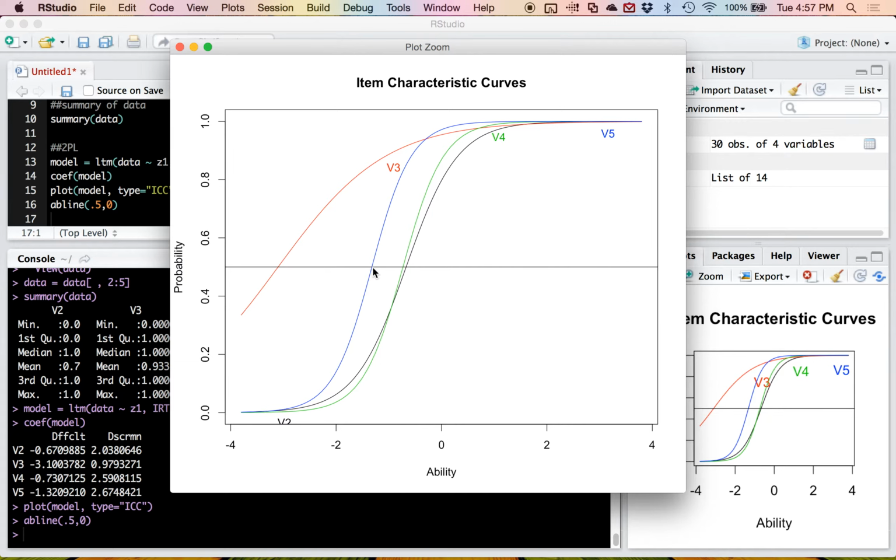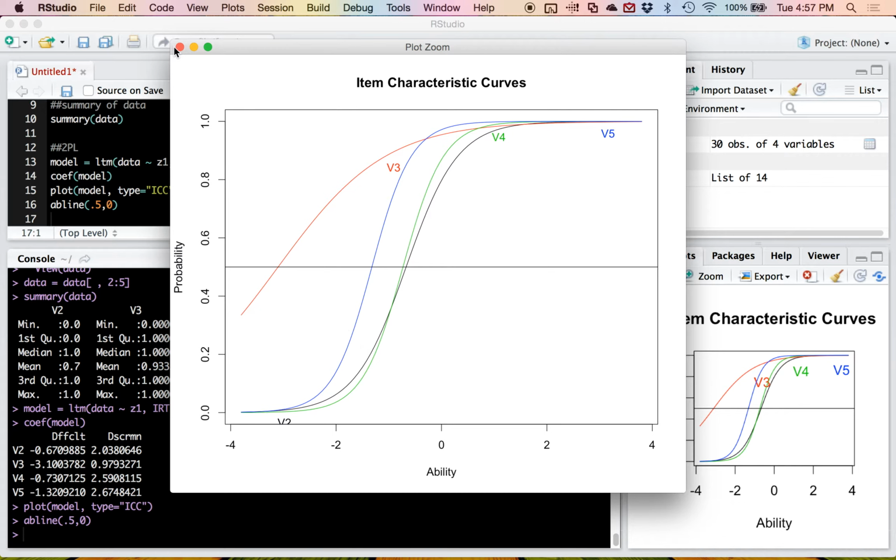If you're at 1.33, you're getting it wrong. If you're at 1.32, you're getting it right. So it creates this point, and it says, I'm good at discriminating at this particular point.